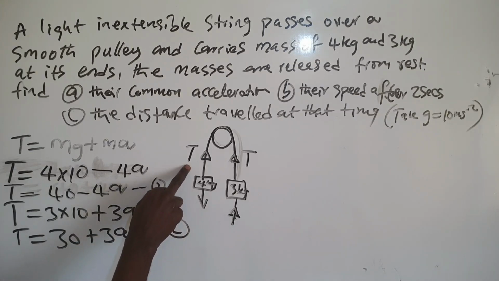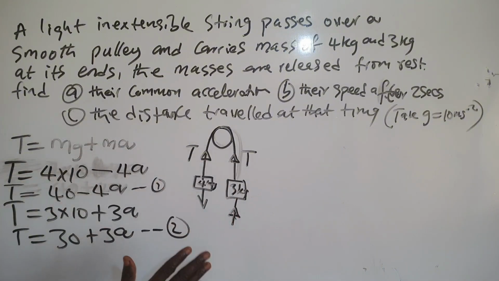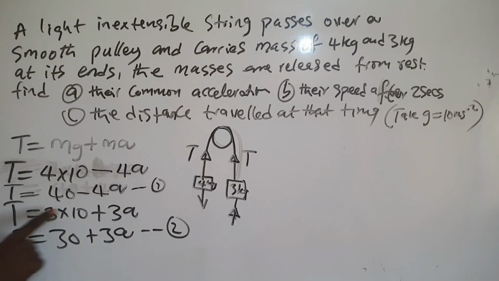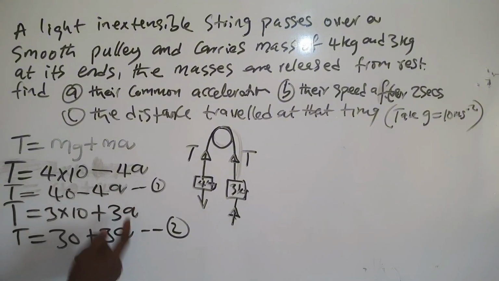Since the tension acting on the rope is the same everywhere in the rope, if this tension is equal to equation 2, and the same tension is equal to equation 1, we have the right to equate them.